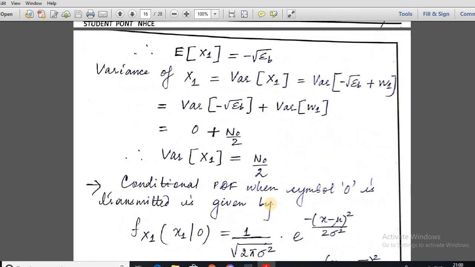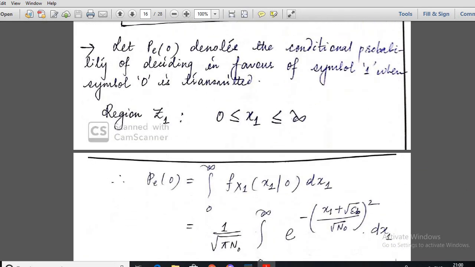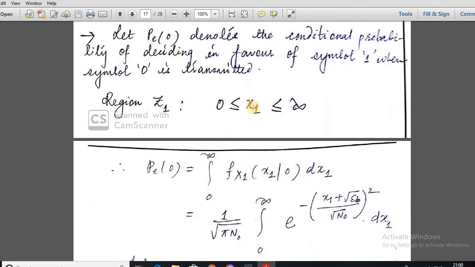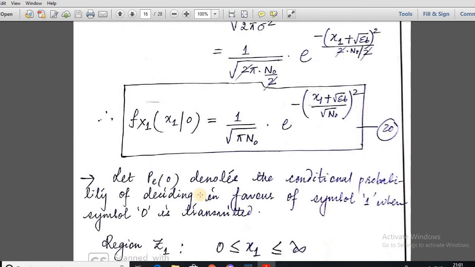So while determining the probability of error expression, we can say there will be an error if the received signal lies in region Z1, that is in the region extending from 0 to infinity. So x1 lies from 0 to infinity. The probability of error for zero transmission can be found out by integrating the PDF, as we have already seen in ASK also.